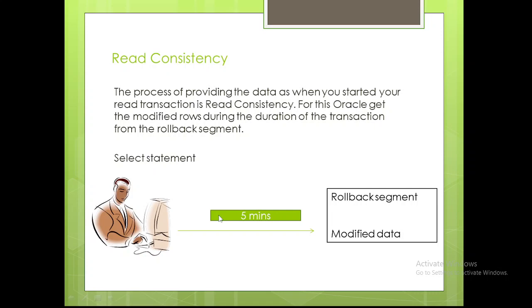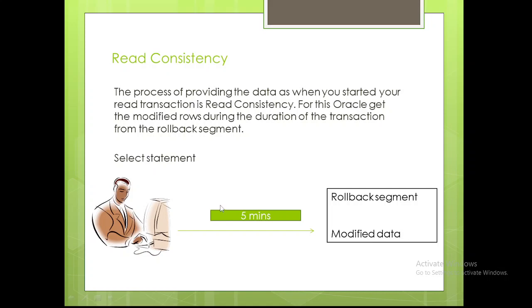So if the user did a select statement on 1000 rows and one row is updated and committed in the database, that one row gets modified in the table, but the undo data for that one row stays in the rollback segment.